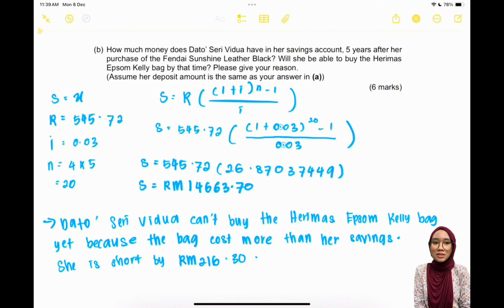So S is RM14,663.70. So 16,800 minus 14,663.70 equals RM2,136.30. Datuk Sri Ridwa cannot afford to buy the Hermes Epsom Kelly bag yet because the bag costs more than her savings. She is short by RM2,136.30.